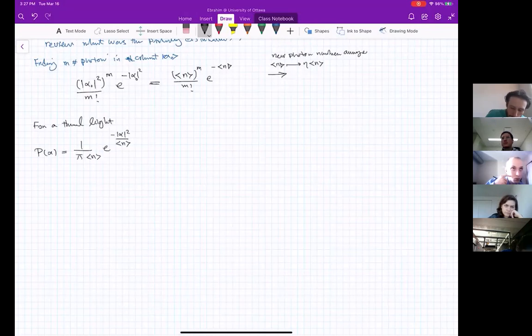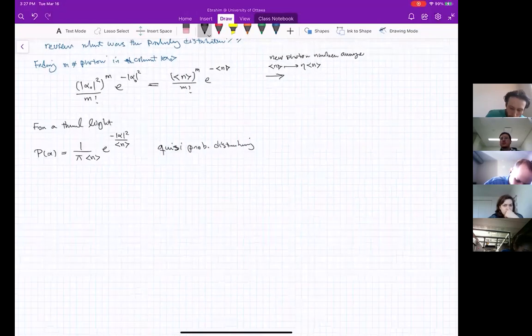Okay, that's the quasi-probability distribution, or the Glauber-Sudarshan representation, for the thermal state.